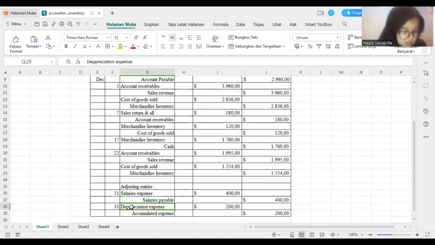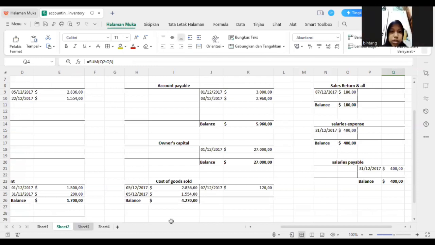And the second one is depreciation, 200 per month. So the journal is depreciation expense $200 on debit and accumulated depreciation $200 on credit. Okay, the next one will be presented by Bintang Cantika. Time is yours.